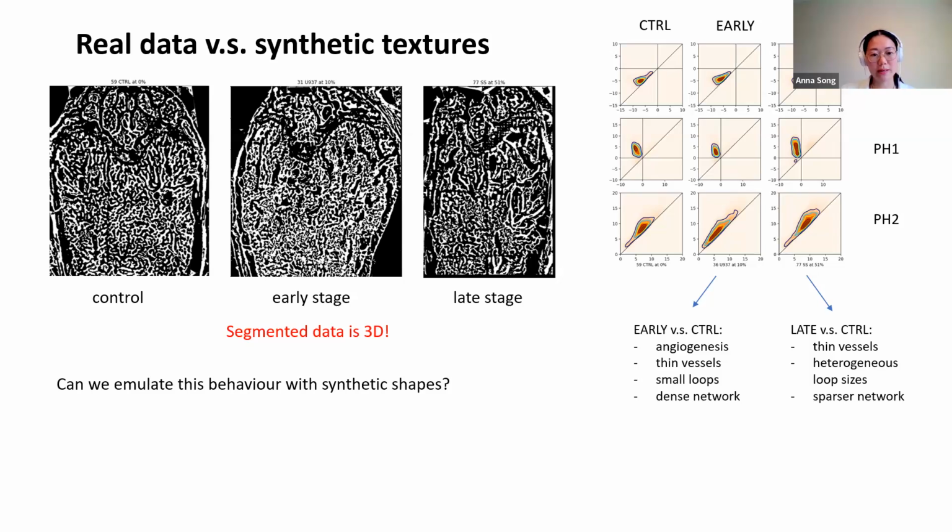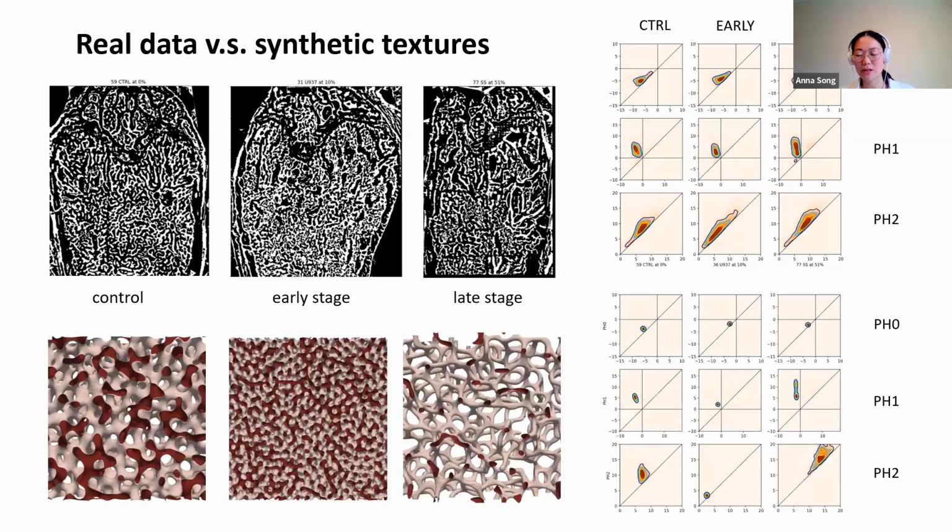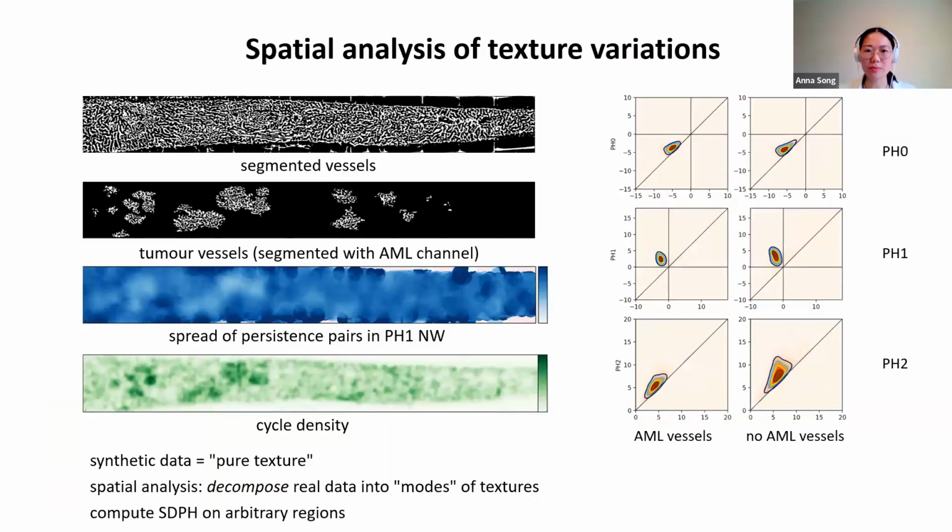One thing we tested is, can we emulate this behavior on synthetic shapes? So partially yes, because we are able to exaggerate the behavior that I described above, but actually we shouldn't expect a perfect emulation, for the reason that real data is always a mixture of pure behaviors. In terms of texture, real data is always a mixture of pure textures.